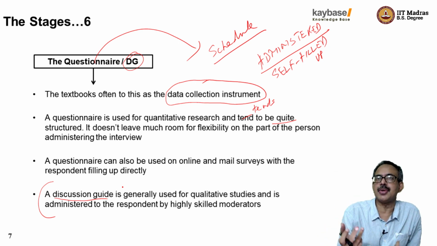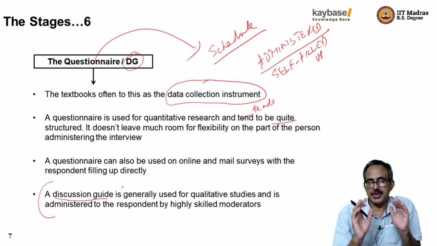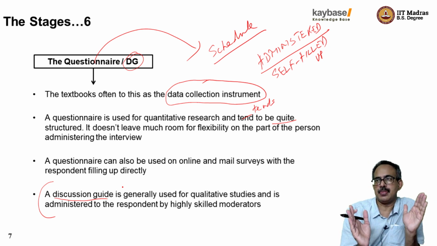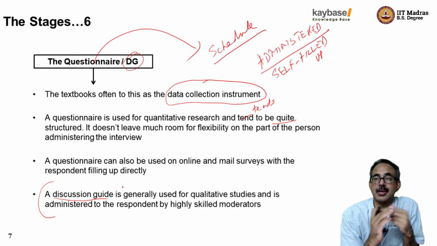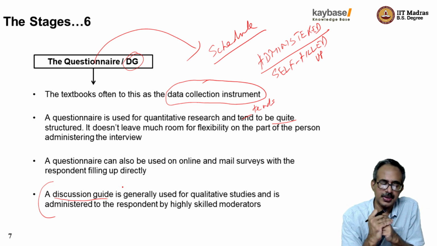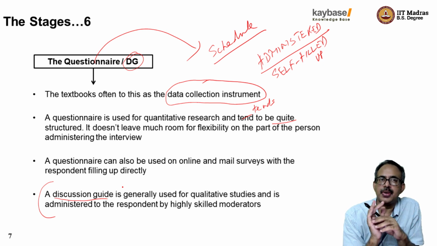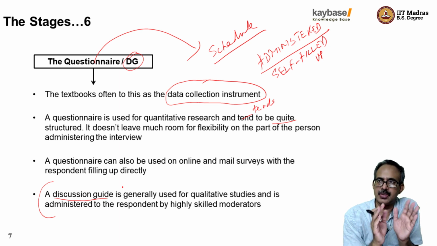Because the person asking the questions is himself or herself a very skilled researcher. But still they must make sure that all the questions are covered. They can't just skip questions completely. They can skip it in the flow but come back to it later. They can't drop it completely, right? We will see examples of a discussion guide and a questionnaire in that chapter when it comes. Can we go forward?